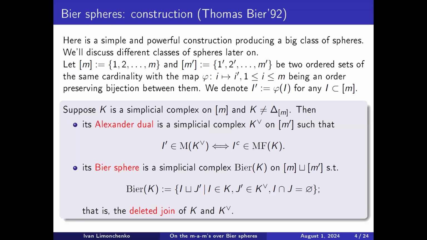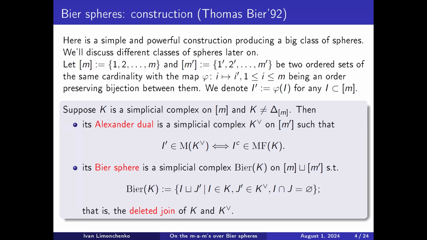Basically, the simplices in the Alexander dual are complements to non-simplices in K. In particular, since the sets of maximal simplices and minimal non-faces of K both uniquely determine the simplicial complex K, you can give this definition in terms of just maximal simplices and minimal non-faces.